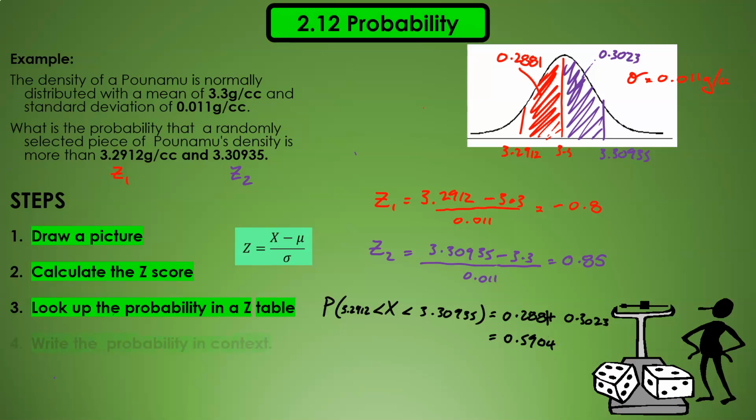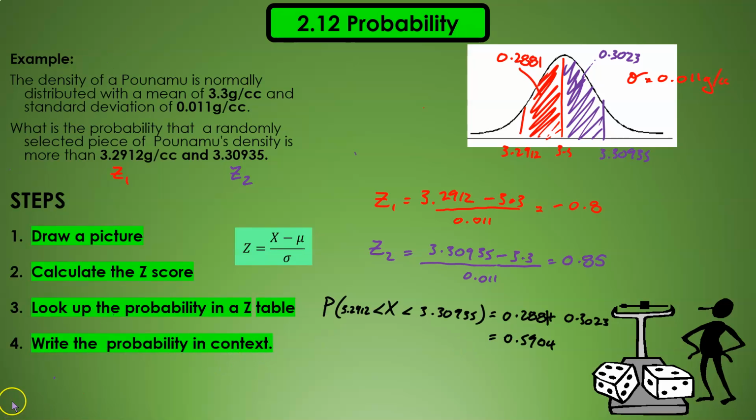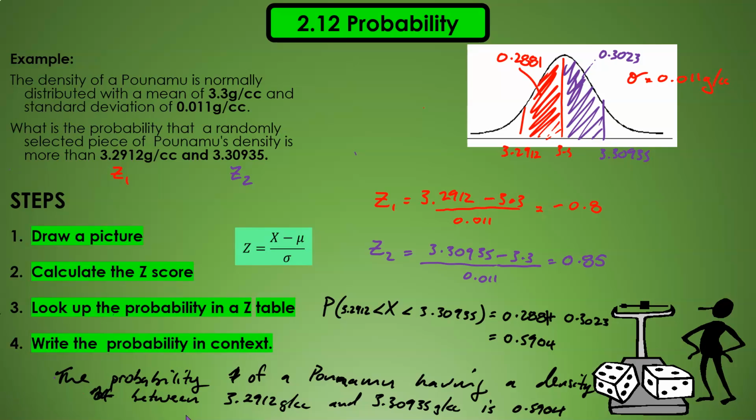That leaves us with our final task, which is to write the probability in context. The probability of a piece of Pounamu having a density between 3.2912 and 3.30935 grams per cubic centimetre is 0.5904.